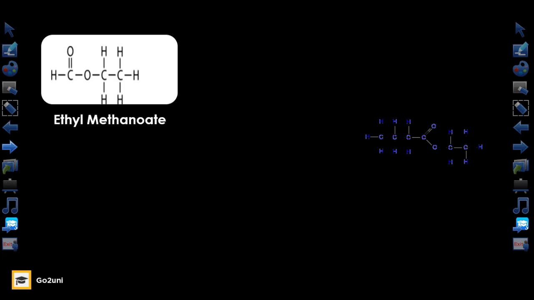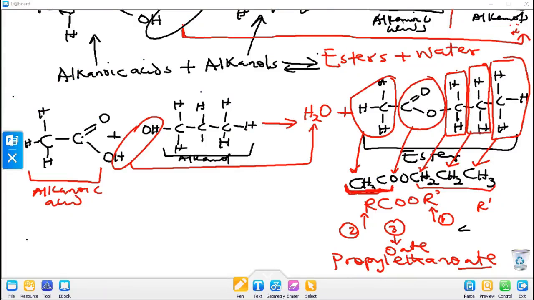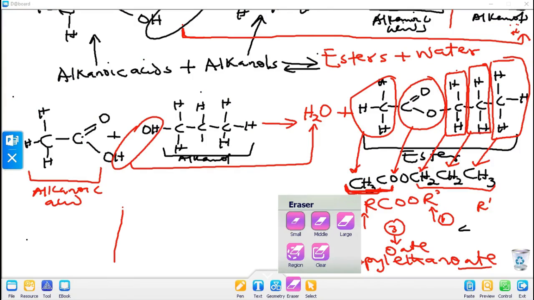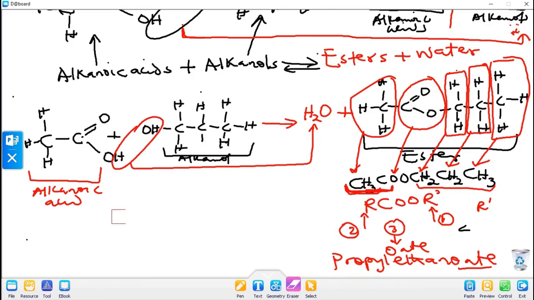Ethyl methanoate. Let us write it on this whiteboard. Let us take a look at a white screen to understand how to name that compound. We're just going to make it very brief, and I assure you, you will understand now.